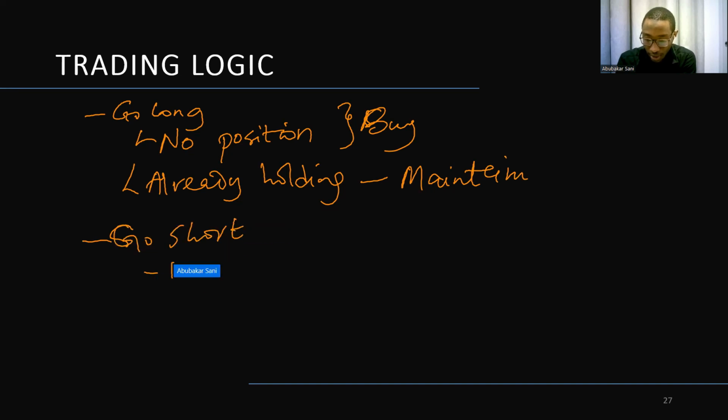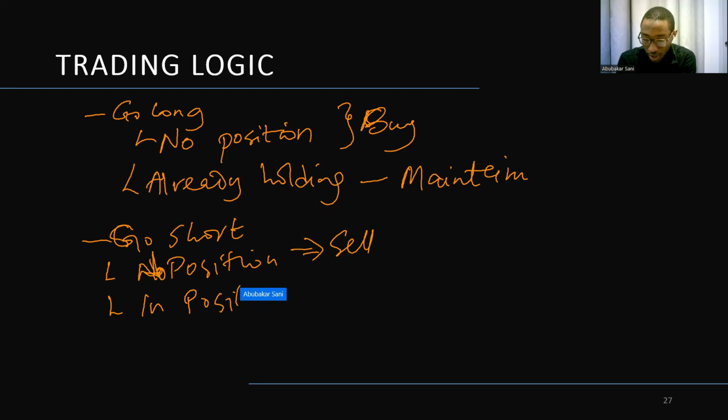If there is no position, I will sell. If I am in position, I will maintain. So this is my logic. And if the sentiment is neutral, as I said, I'm not going to buy.